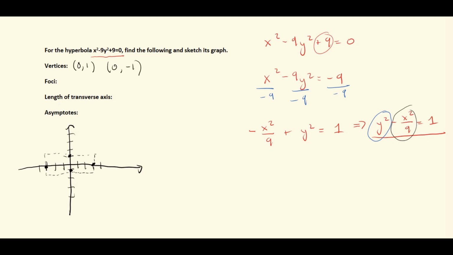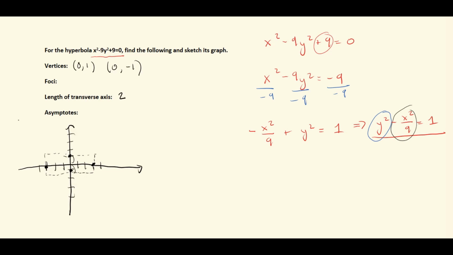Okay, and then the length of the transverse axis, we could go ahead and answer that as well. So this is our transverse axis, and we went up 1 unit here and we went down 1 unit there. So the total distance is going to be 2 units. So the length of our transverse axis is just 2.